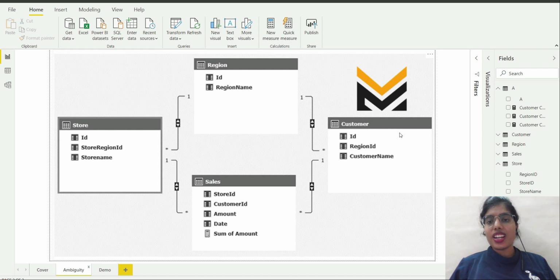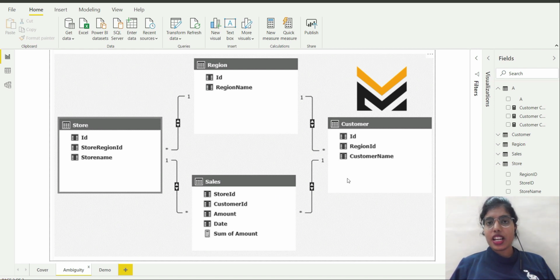In the case of region and customer, we again have a one-to-many relationship. Region is on the one side, customer is on the many side. In one region, there may be multiple customers. The fourth one is the sales and customer tables.